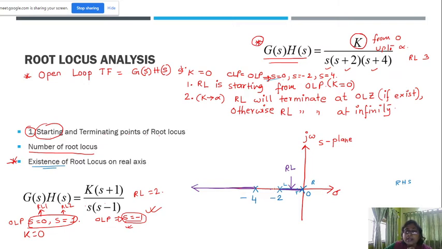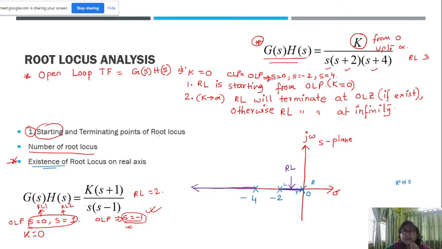এবার এইখানে -2 থেকে -4 এর মধ্যে যে কোনো জায়গায় আমি একটা টেস্ট পয়েন্ট নিলাম রিয়েল অ্যাক্সিসের ওপর, করে দেখলাম যে আমার ডান দিকে কটা টেস্ট পোল আছে। So I am getting that only 2 test poles are there. So 2 is basically an even number.